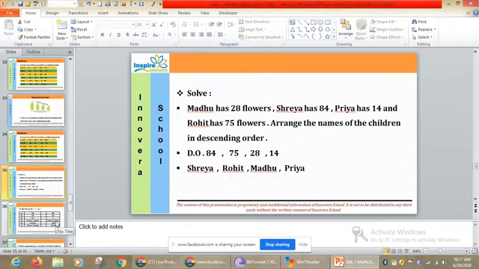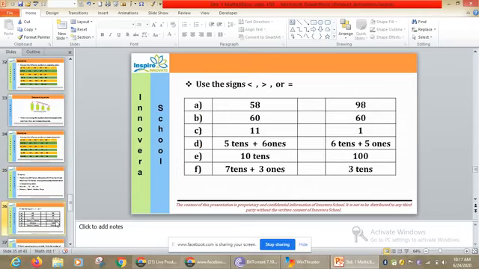Now let us do some other examples. What is given? Use the signs greater, smaller, or equal to. Crocodile's mouth, it opens to the bigger side. The crocodile wants to eat the bigger number.